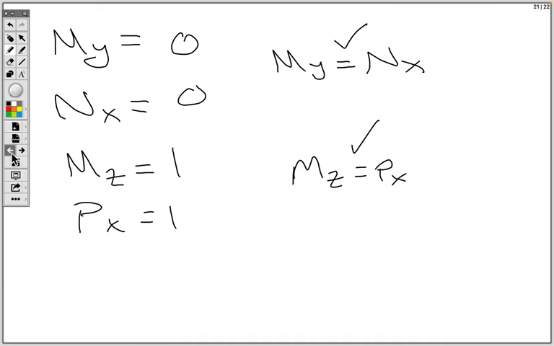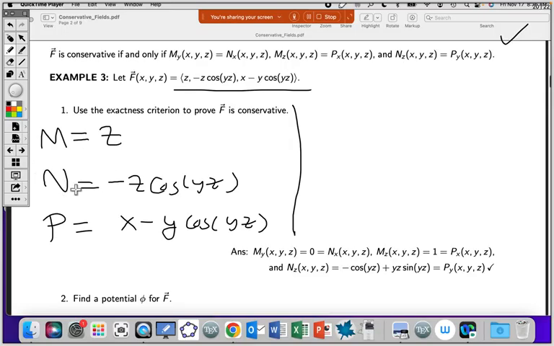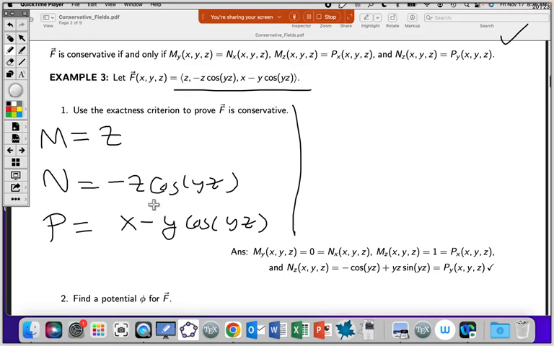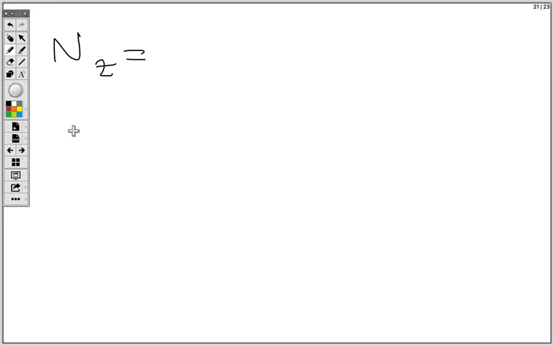And then last but not least, I'm going to check the derivative of the y component with respect to z and check that that's the same as the derivative of the z component with respect to y. So nz, to do nz, this requires what rule? Product. So the derivative of the first with respect to z would be a minus 1 cosine yz.